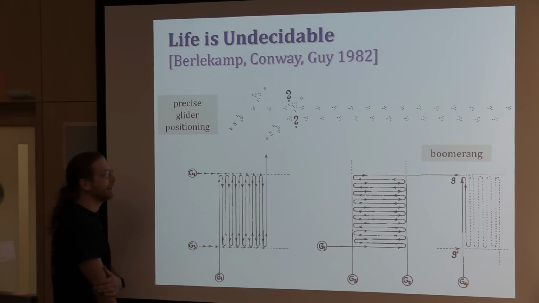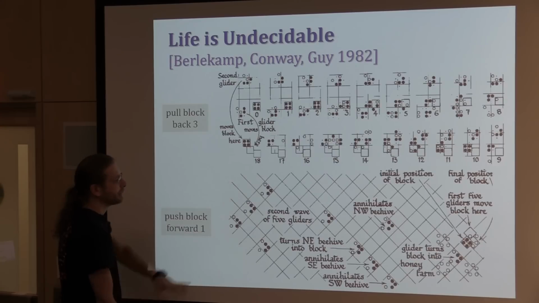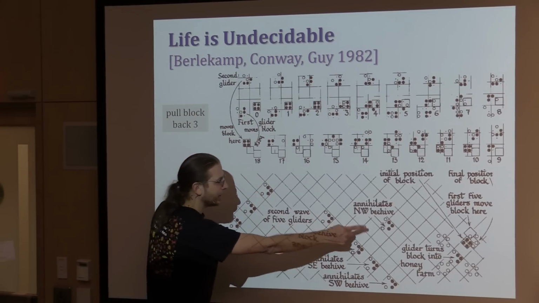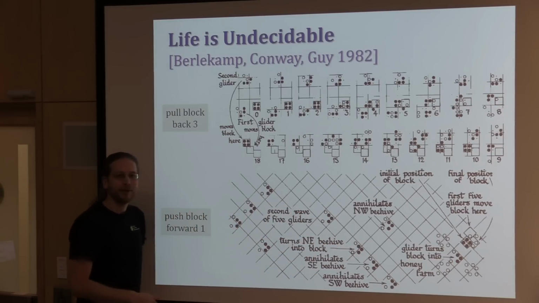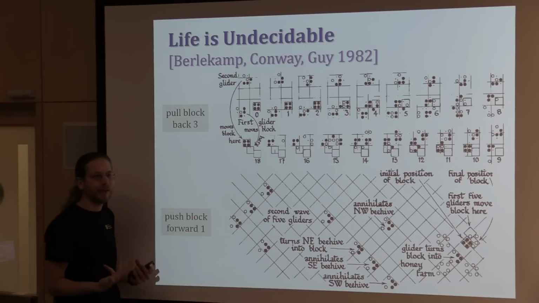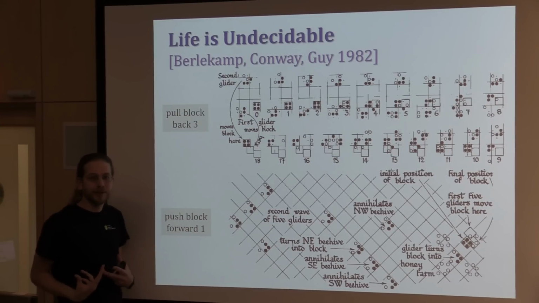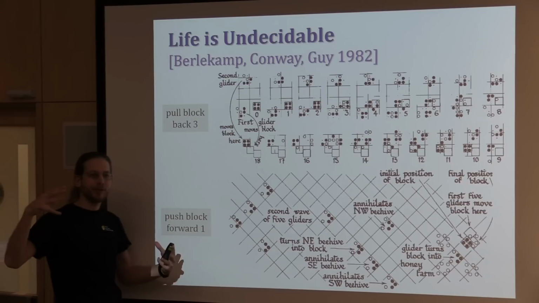Okay. So there's a catch with this in that in order to generate these gliders in this very specific pattern, currently the only way we have of making gliders is with a glider gun. Glider guns are large objects, and you can't put them right next to each other.